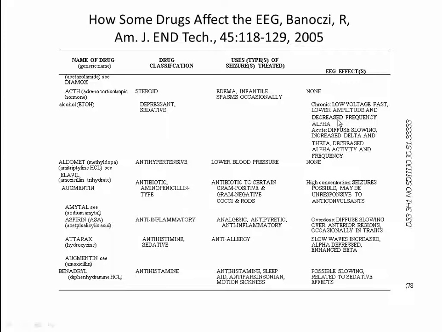So alpha slows down is what this is saying. It doesn't necessarily decrease in voltage, although when you have a low voltage fast pattern, it's very common to see a decrease in amplitude of alpha. And actually, sorry, I see that it's saying that alpha amplitude and frequency is decreasing.